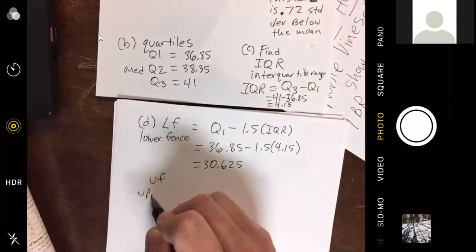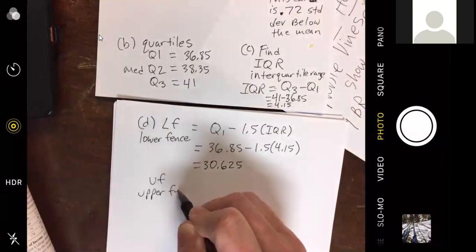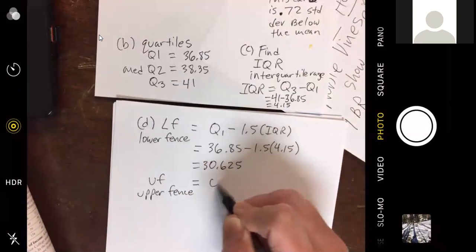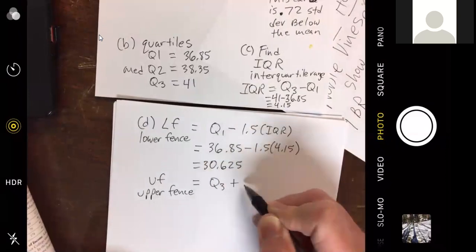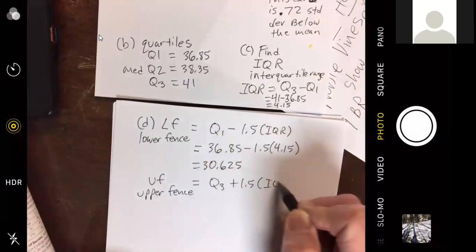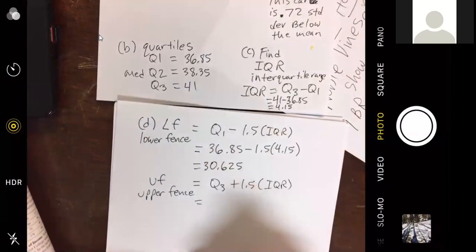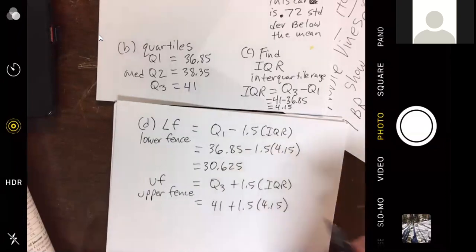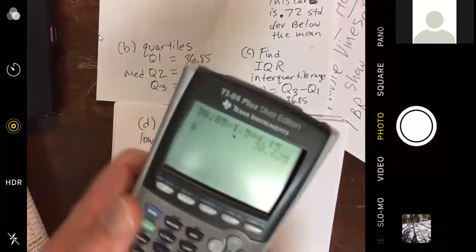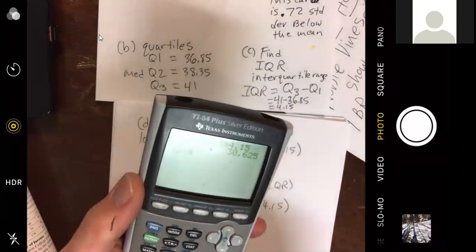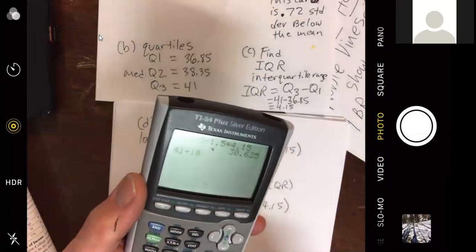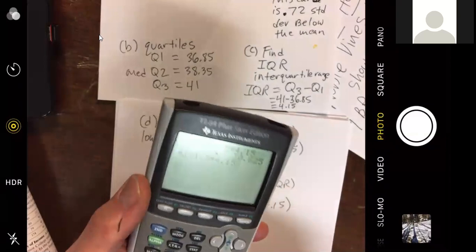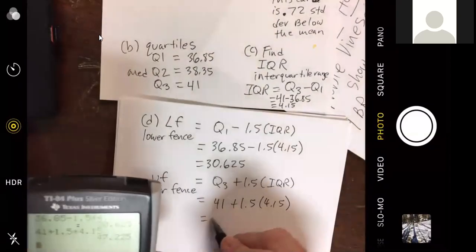UF, upper fence. Q3 and add 1.5 times the IQR. 41, add 1.5 times 4.15. 47.225.